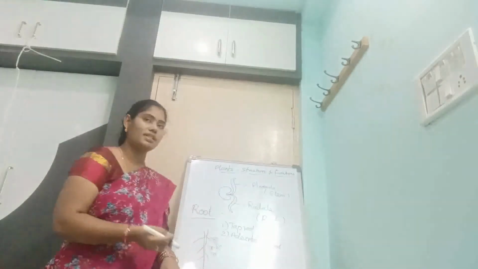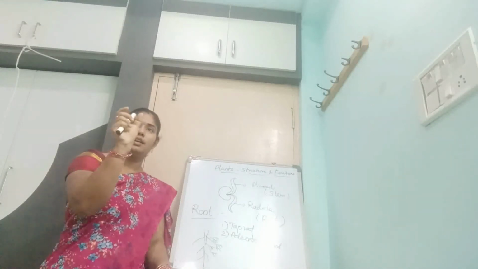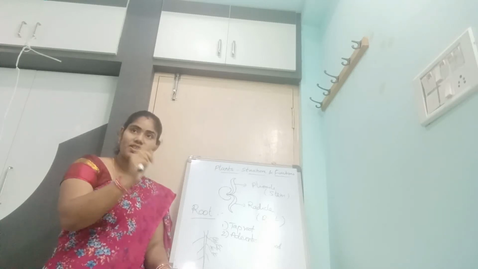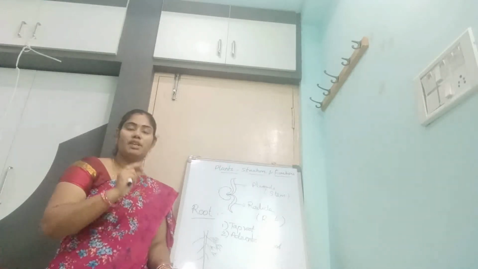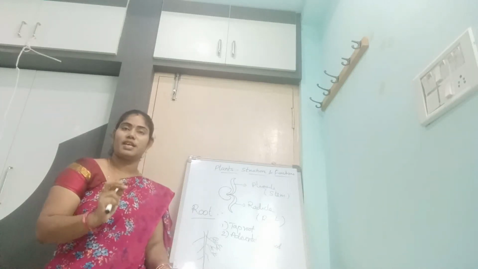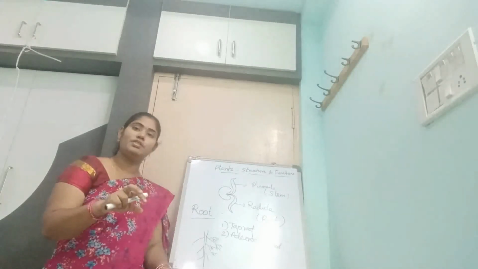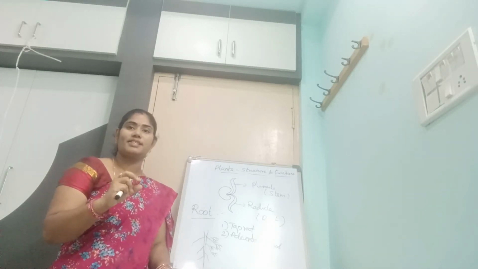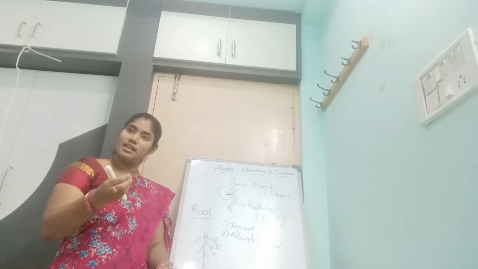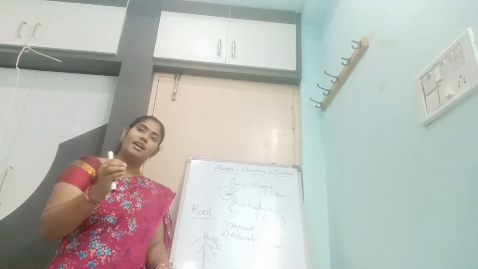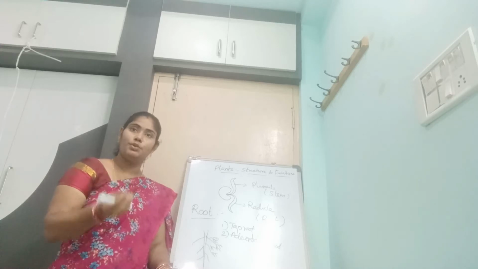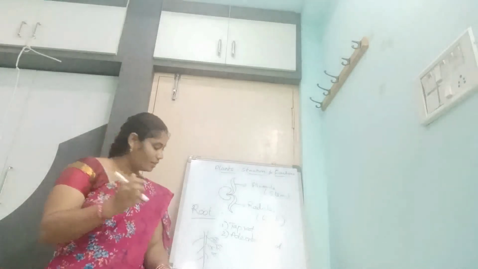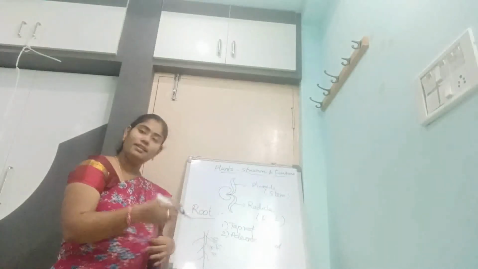The taproot system consists of the main root called the taproot. From this taproot, many lateral roots come; those are secondary roots or lateral roots. The root hairs come from these lateral roots, and at the tip there is a root tip, which is covered with a root cap.